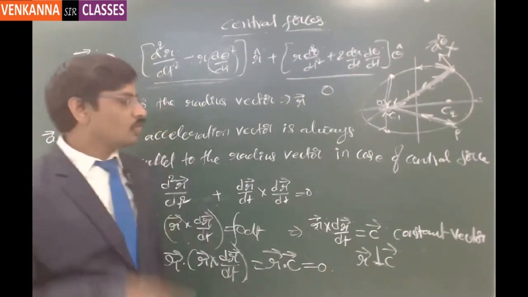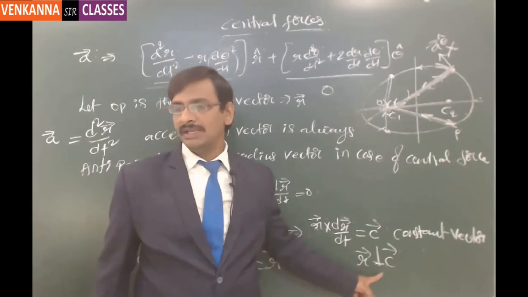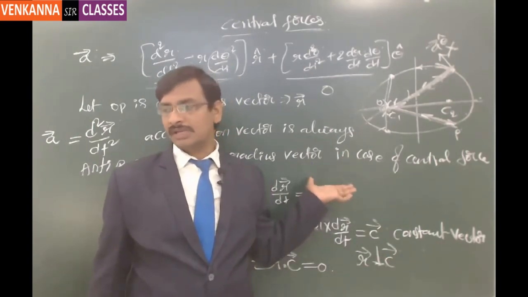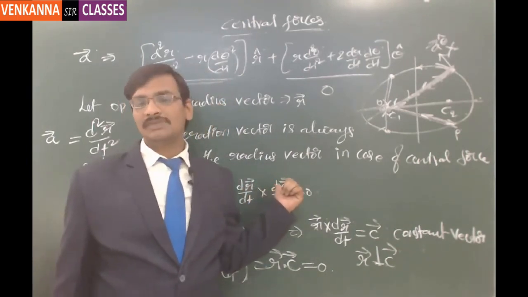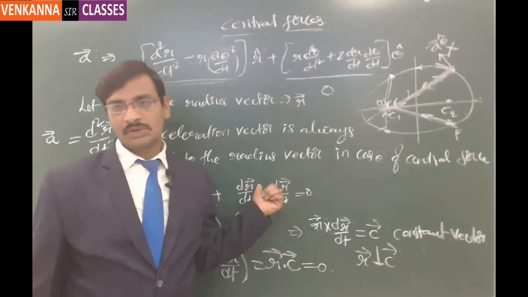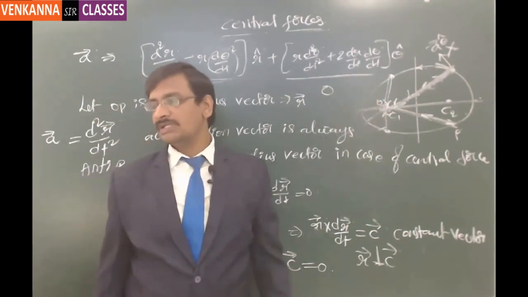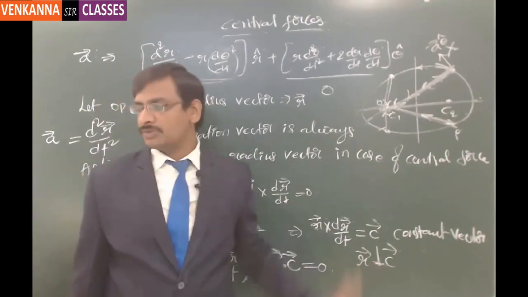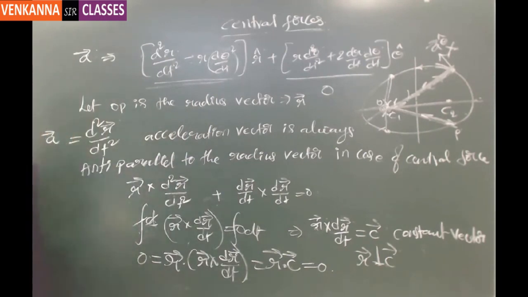So the partial conclusion is made from this understanding of r perpendicular to C, which says that the path is planar, and in this particular case of the central force, which is inversely proportional to 1 by r square, it is going to be an ellipse. Got it? That is the partial conclusion we have made from r perpendicular to C. Any questions on this?